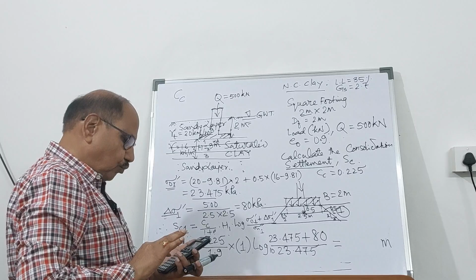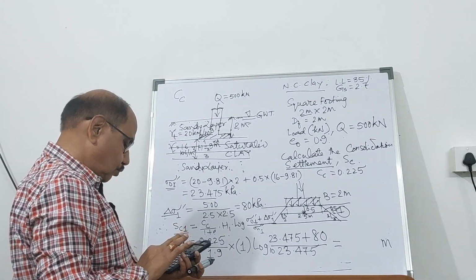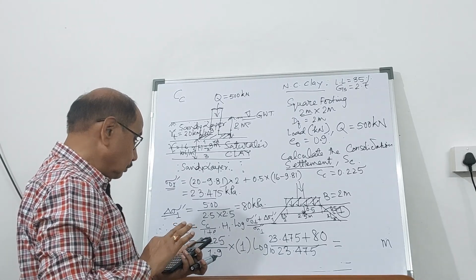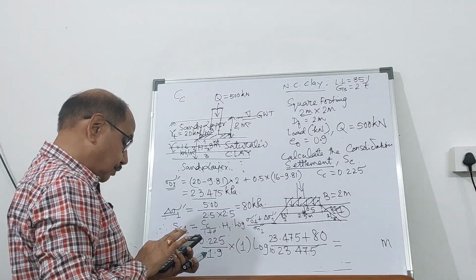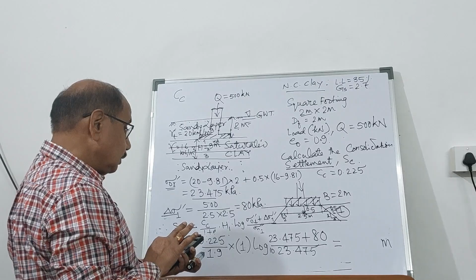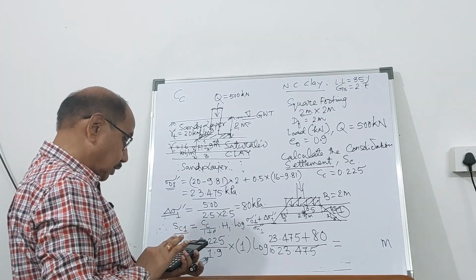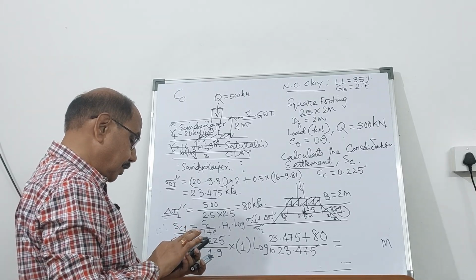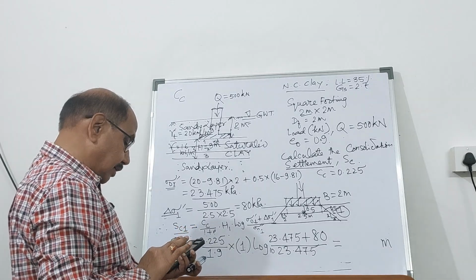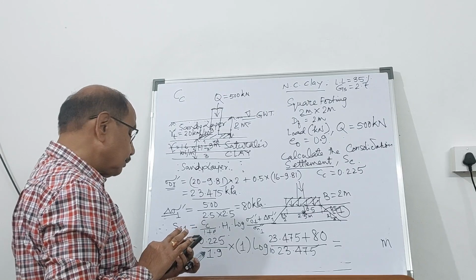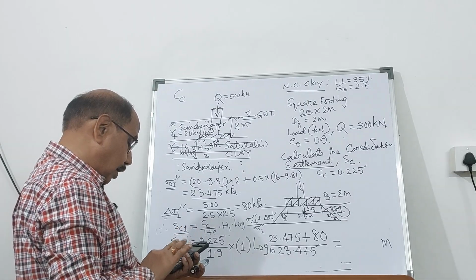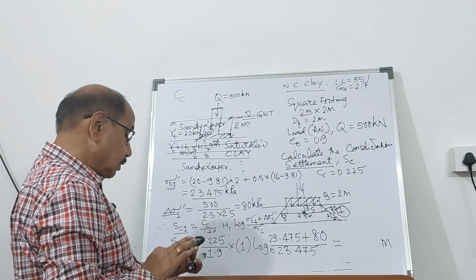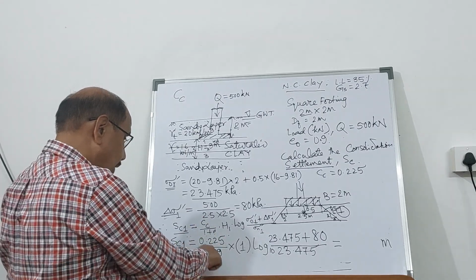So 0.225 multiplied by log of 23.475 plus 80, divided by 23.475, divided by 1.9.